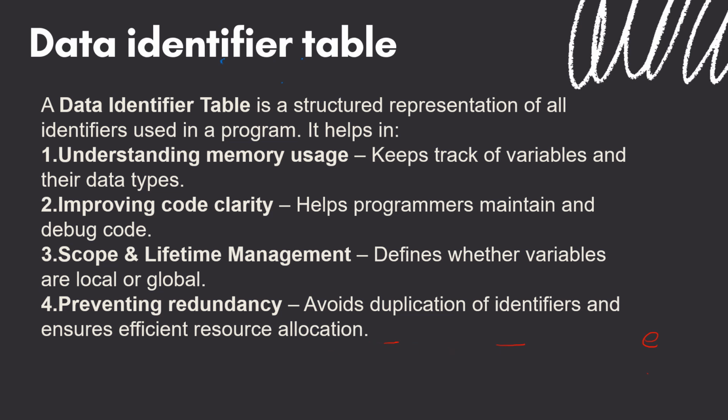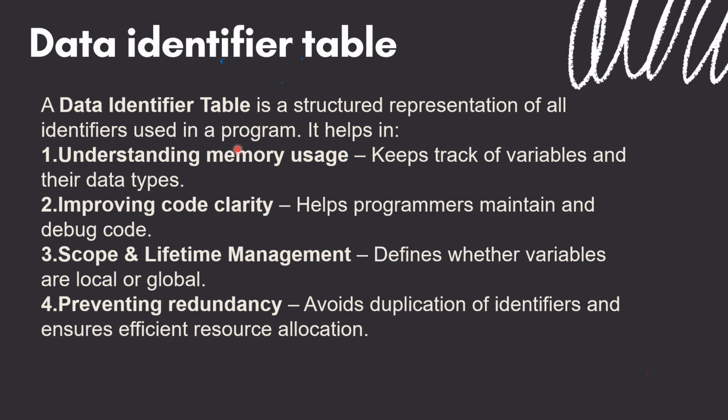So basically, it's a description table in which you can include multiple things. For example, understanding memory usage keeps track of variables and their data types. This identifier table is not to be included with the program.